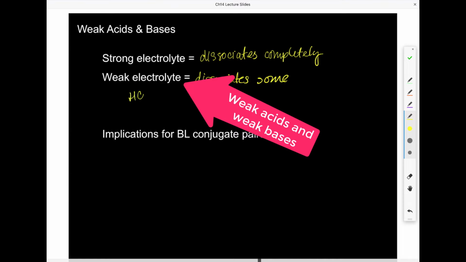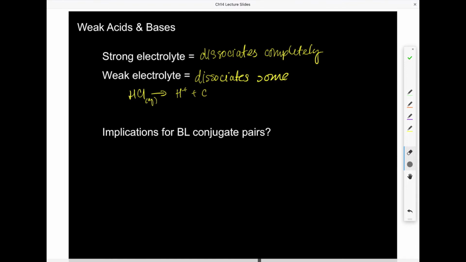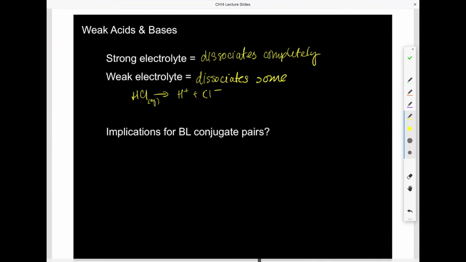So when I talk about a strong electrolyte like HCl, what that means is when I put that in water, that dissociates completely into H plus and Cl minus. That means that in solution, there is no HCl left, right? It is all this and all of that, right? Likewise, when I put NaOH in water, strong electrolyte, which means that it is all now present as Na ions and OH ions, and there is no sodium hydroxide.